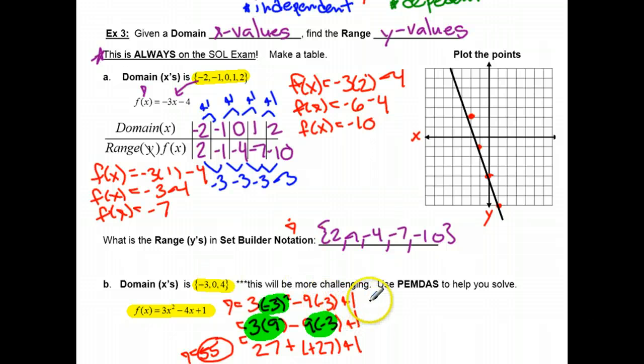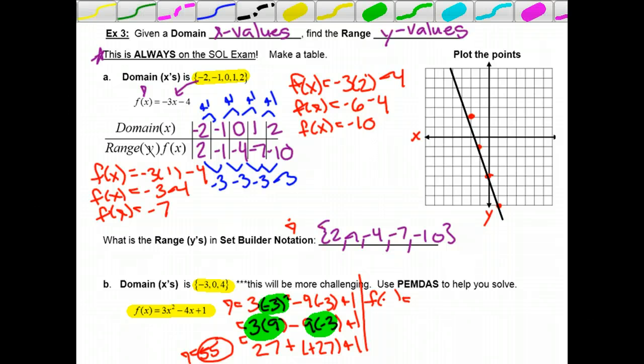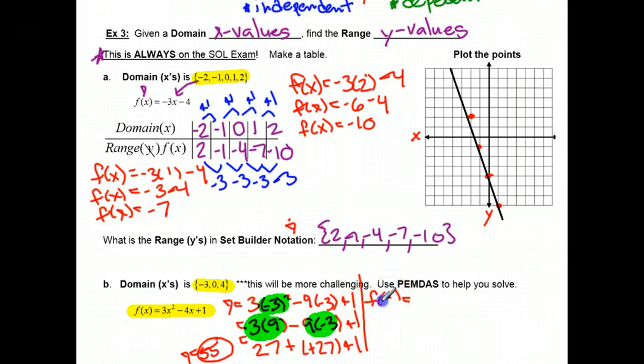Okay, so now I'm going to do my f of x, and I'm going to plug in 0 for my x. And actually this is another way you can show this. Instead of saying f of x, I can say f of 0 because I'm plugging in 0 where the x is, right? So now it's going to be 3x squared again minus 4x plus 1.